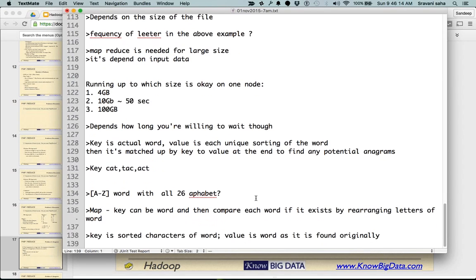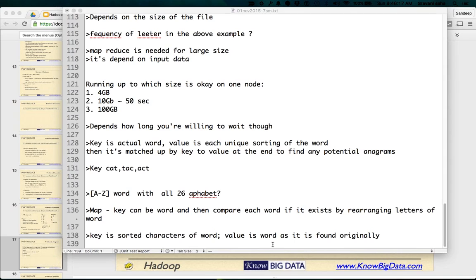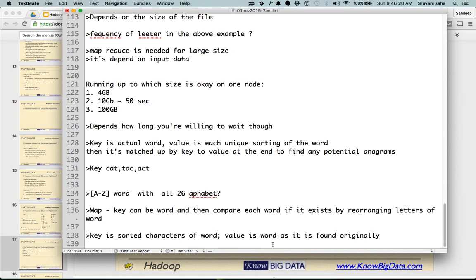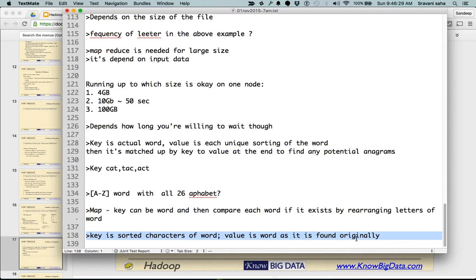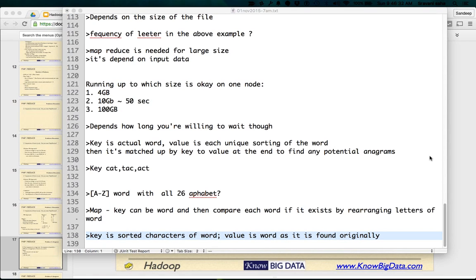Alright, brilliant. Here is one of the answers. Peter says that the key is the sorted characters of the word and the value is the word that is found originally. Do you think it's the correct approach? Anybody? Anand, Rohit, Kamal, Murukesh, Harita, Dilshad.